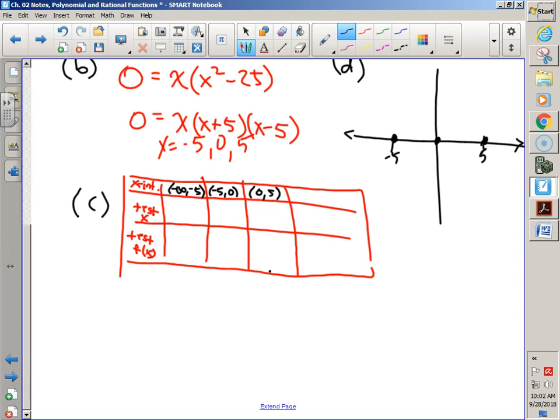Pause, Jason, you're doing an excellent job, but shh. What's the last piece? Positive infinity. So check it. Have I done the whole x-axis? I have this piece, then this piece, this piece, this piece. I have an interval for every piece.